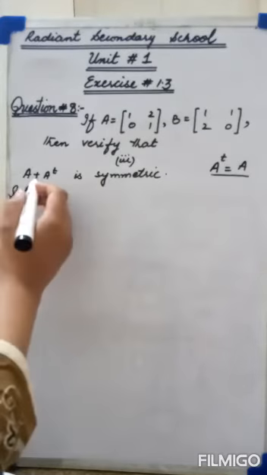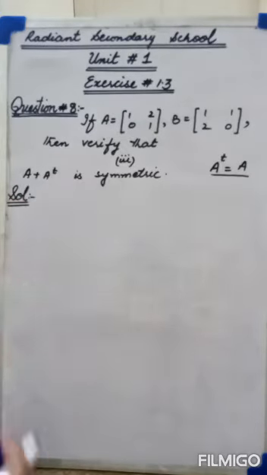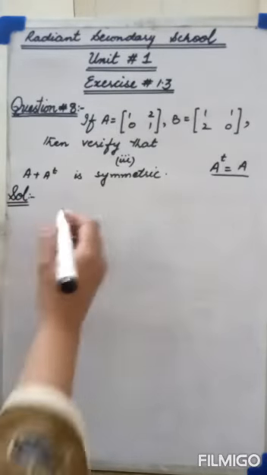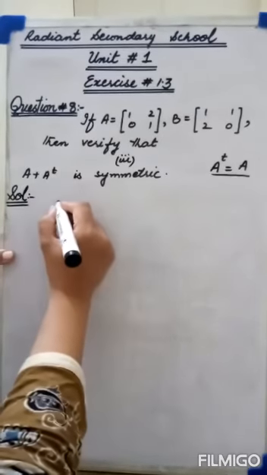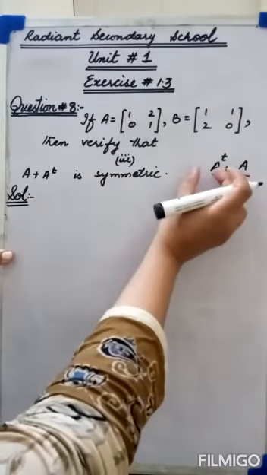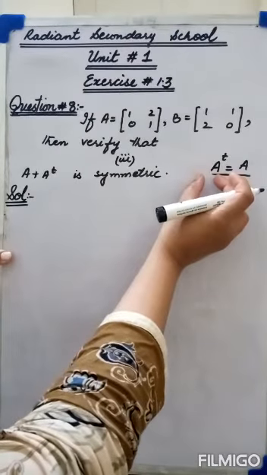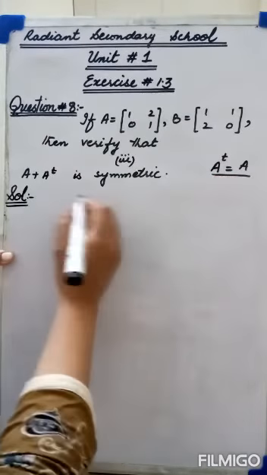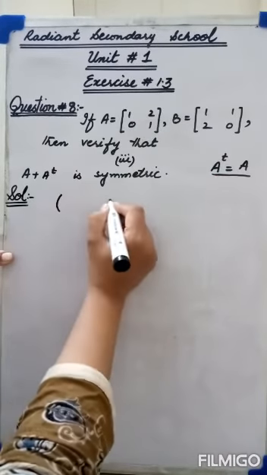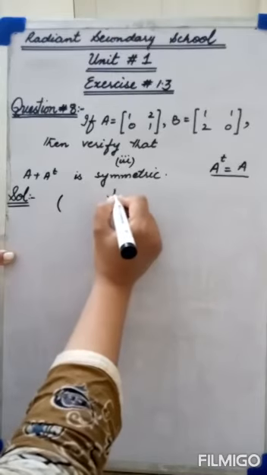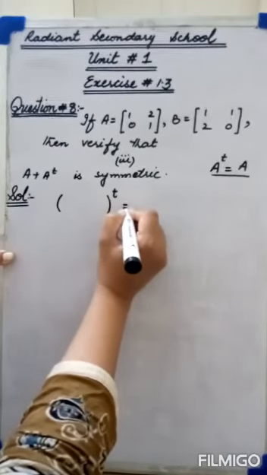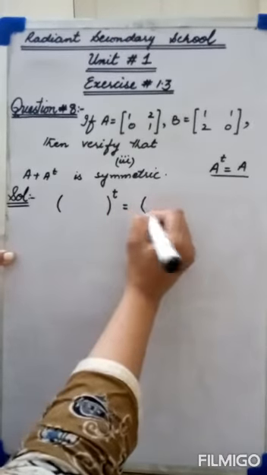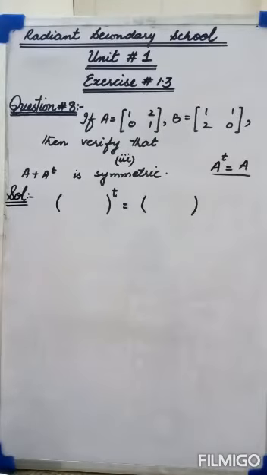Now we have to prove that A plus A transpose is symmetric. Whenever you have to show a matrix is symmetric, its transpose should be equal to itself. This is the condition. You have to take the transpose of that matrix and it should be equal to the matrix itself.